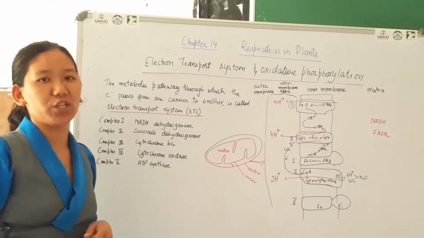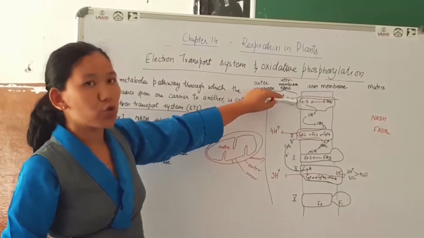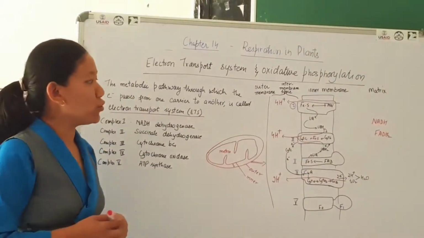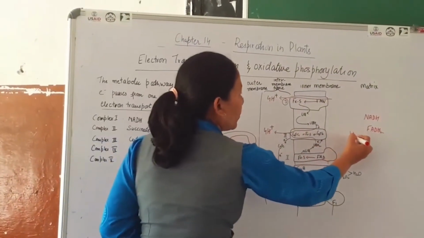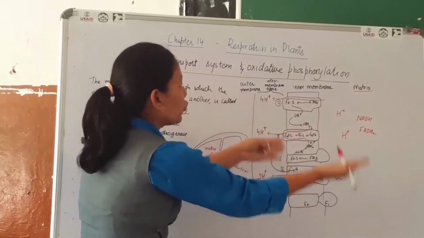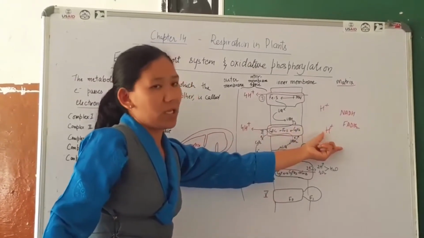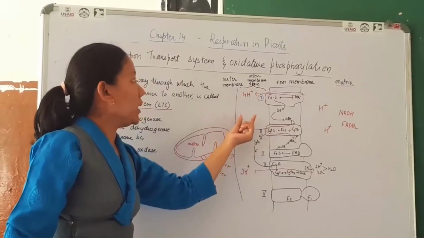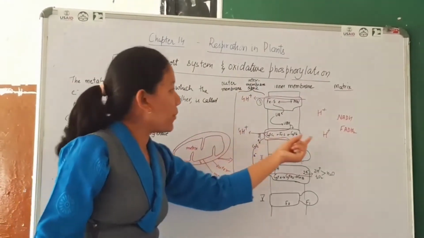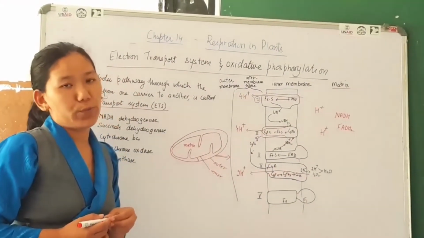The energy released during the transfer of electrons through the electron transport chain is used to pump protons present in the matrix into the intermembrane space. That pumping needs energy, and that energy comes from the electron flow.